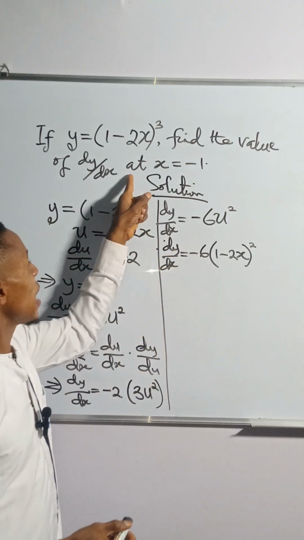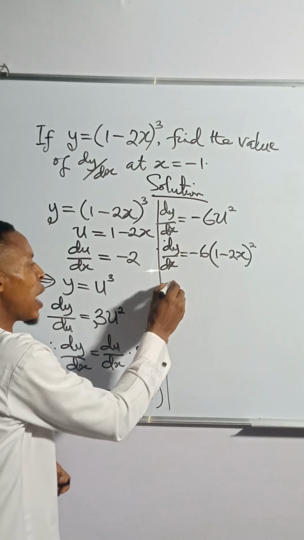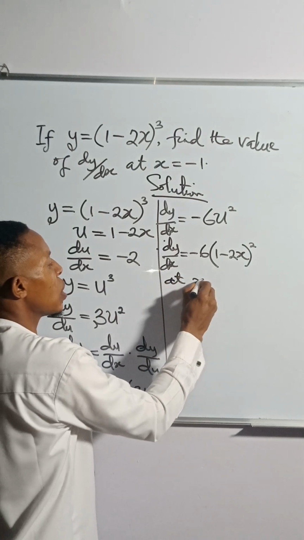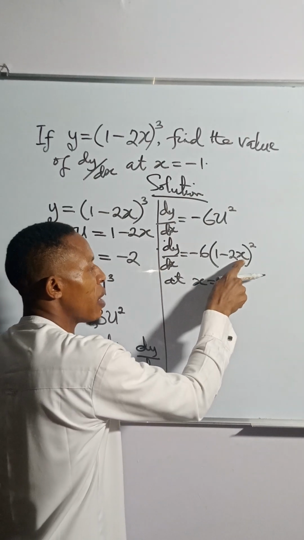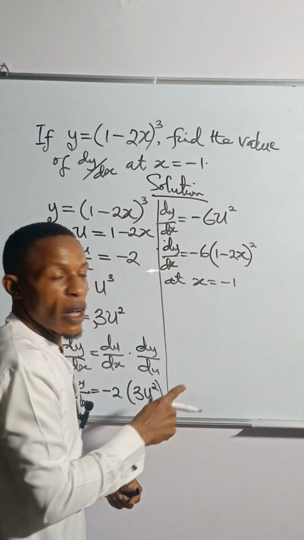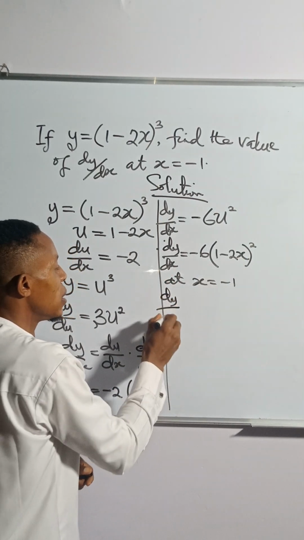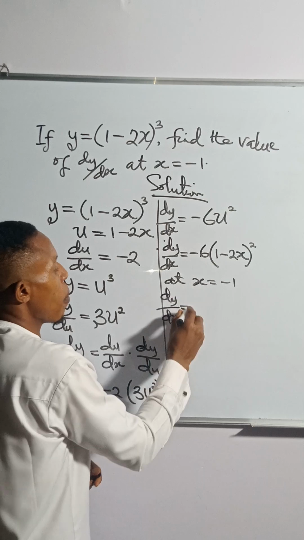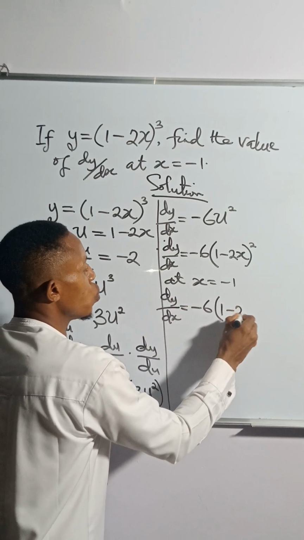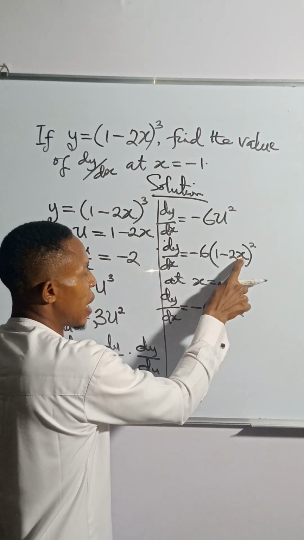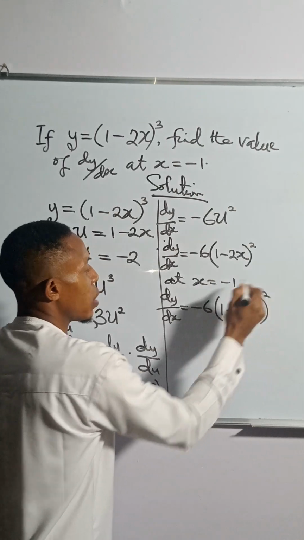But they gave us a point where x is minus 1. So at x equals minus 1, we are going to substitute minus 1 for x in this expression. So dy/dx will now be minus 6 times (1 minus 2 times minus 1) all squared.